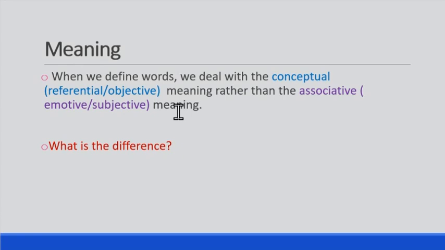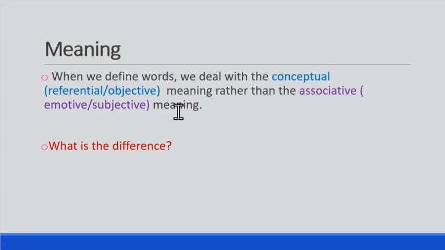When you hear someone say the word dog, or when you see the word dog, you will know what the shape or figure of the dog is. Okay, so that is called the referential or objective meaning.